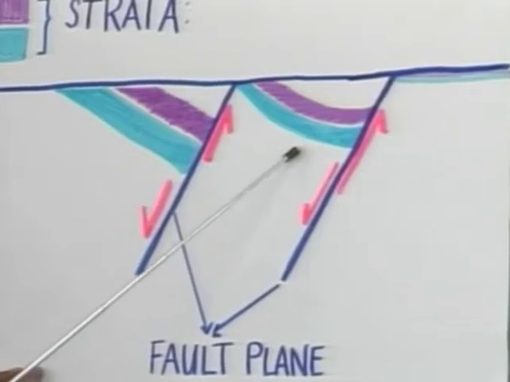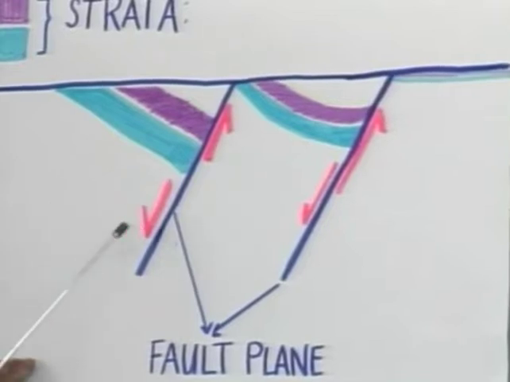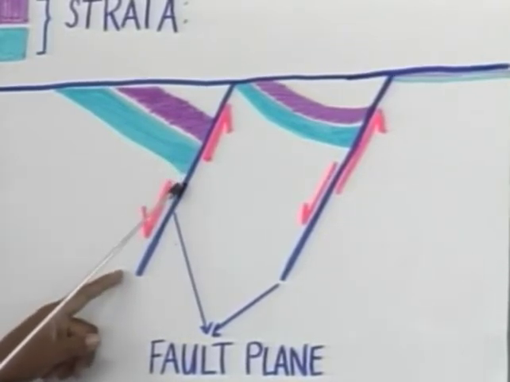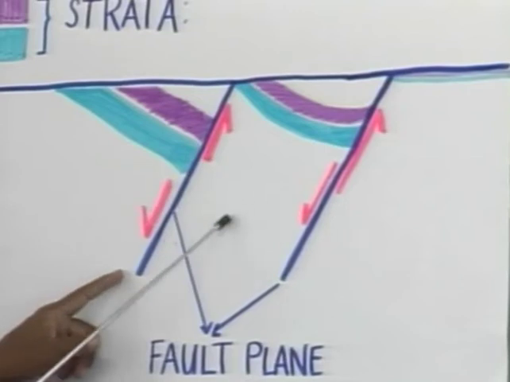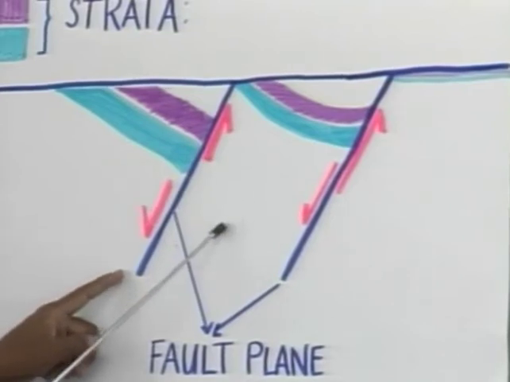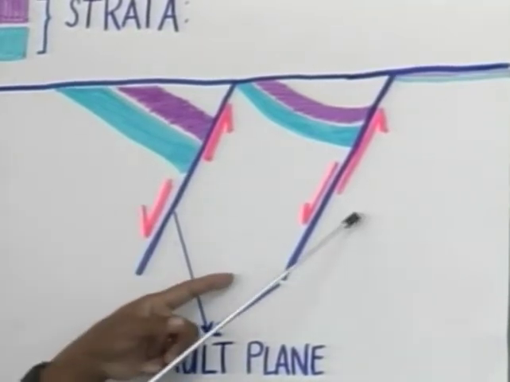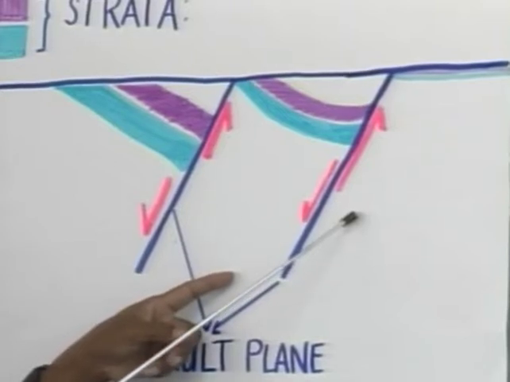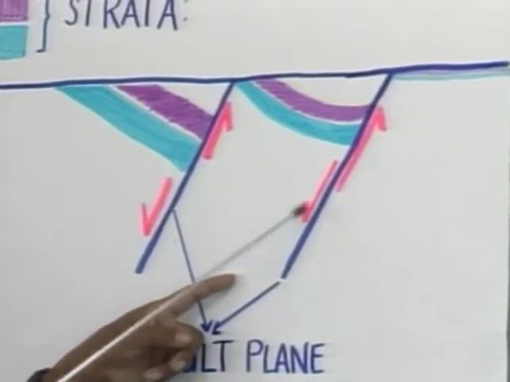So your arrows, when you are showing the displacement, you should show the arrows for the first fault line, how one block has been displaced in relation to the other, and then you do the same for the second fault line. You show the displacement, how one block has been displaced in relation to the other along the fault line.